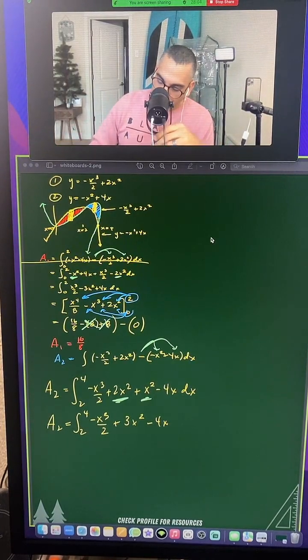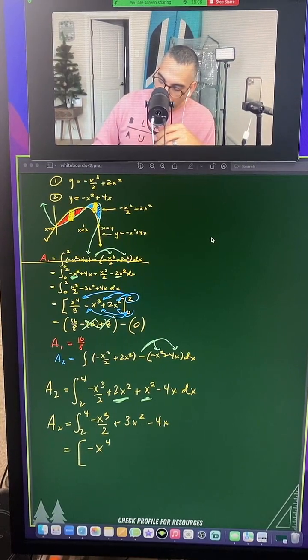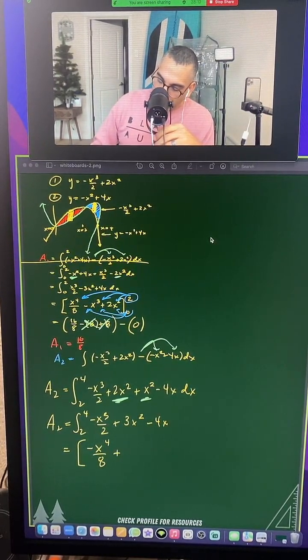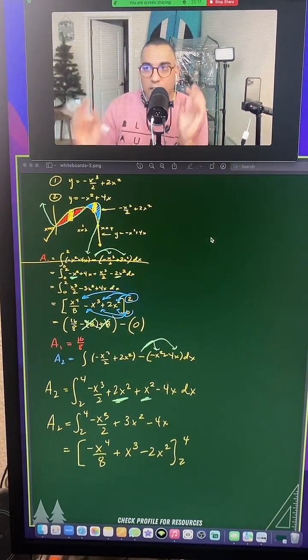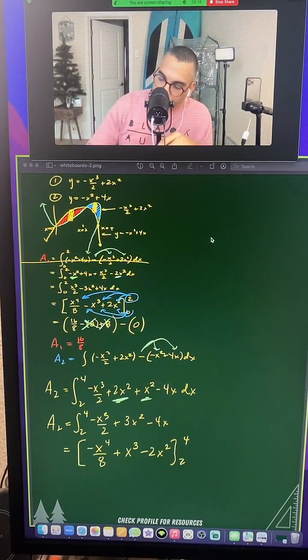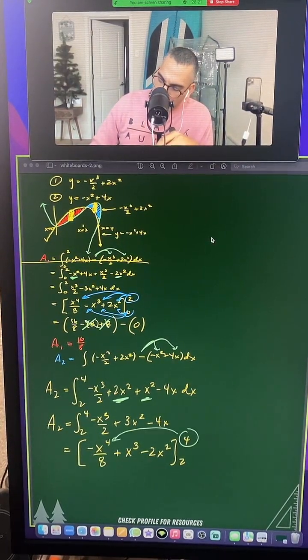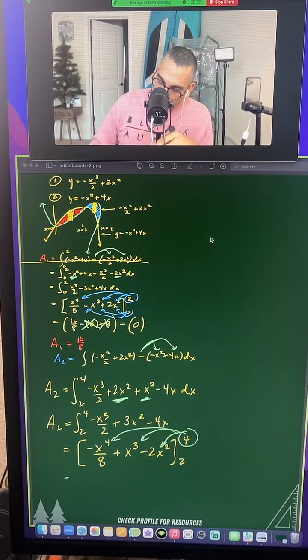Anyway, all right. So first fundamental theorem: negative x to the 4th over 8 plus x cubed minus 2x squared. I saw a couple thumbs up before, and I'm hoping that everyone understands how we just simplified that right away. All right, and now we're gonna go ahead and plug in the 4 in here. Ooh, things are gonna get crazy. So let's see.